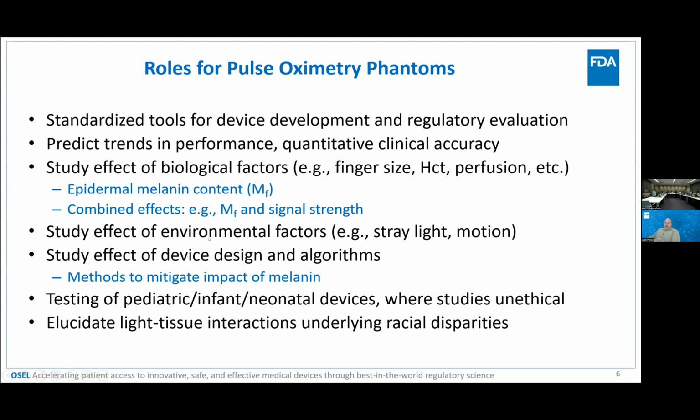Phantoms can be used to study the effect of environmental factors, device design, and the changes in device design and the algorithms, including algorithms that might be developed to mitigate the impact of melanin.